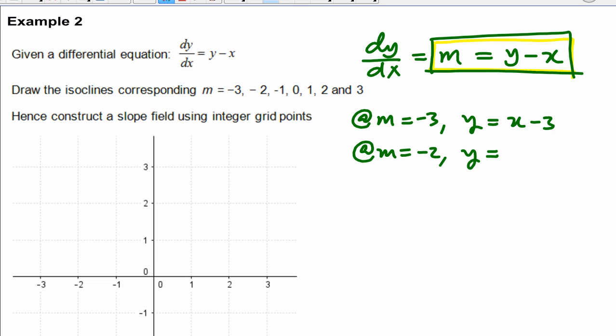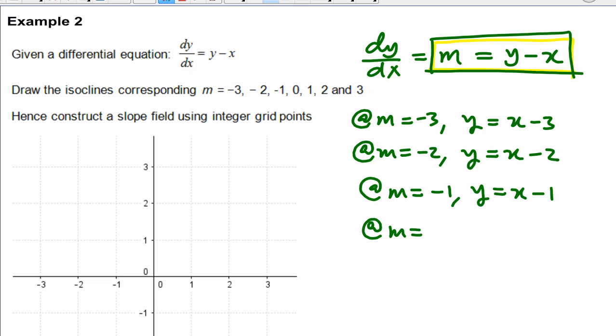So at m equals -2, y will be equal to x minus 2. At m equals -1, y will be equal to x minus 1. At m equals 0, y will be equal to x. At m equals 1, y will be equal to x plus 1.